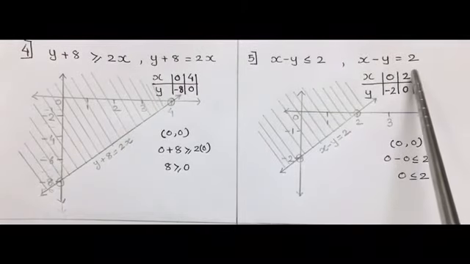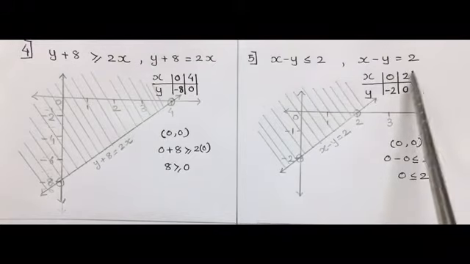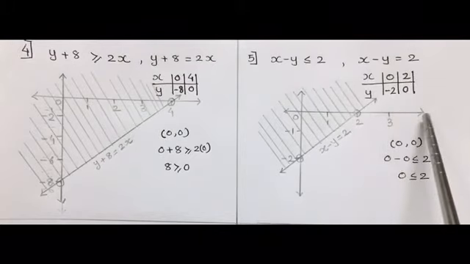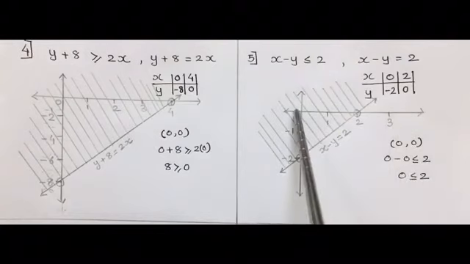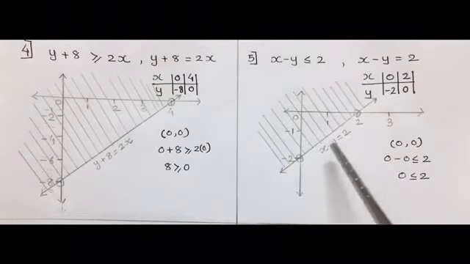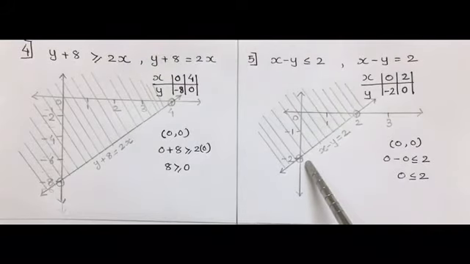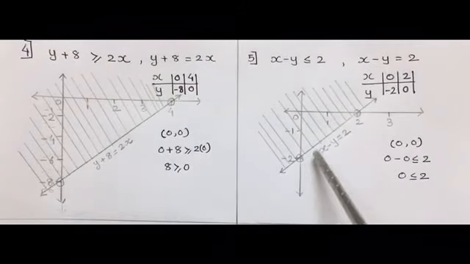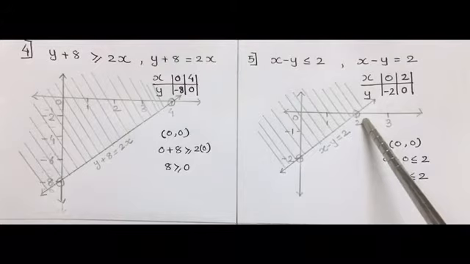If y is 0, x is 2. Now as it is positive x and negative y, we have taken the positive x-axis and negative y-axis. Plotting the first point as 0, minus 2, and the second point as 2, 0.